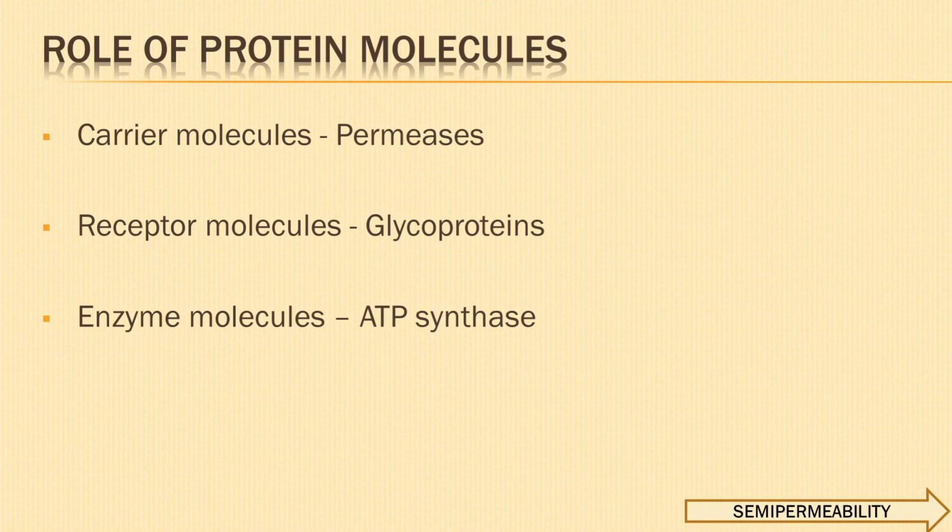Enzyme molecules: these molecules are present in the plasma membrane to carry out their functions. For example, enzymes for respiration, ATP synthase, are present in the inner membrane of mitochondria.